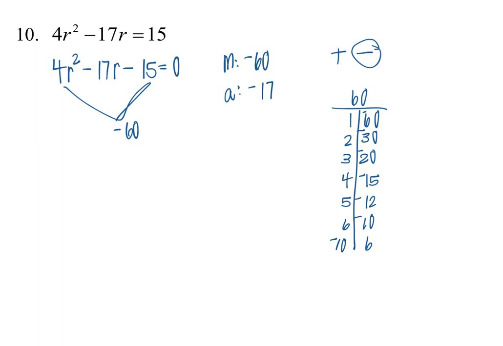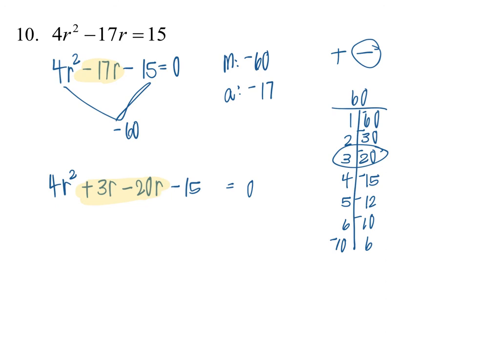If we look at the 3 and the negative 20, that's what adds to give you the negative 17. So let's rewrite the original trinomial. By splitting this up into 3r and negative 20r, if you add that together, that's negative 17r, right? Anyway, I've split that up, and now it's no longer a trinomial.